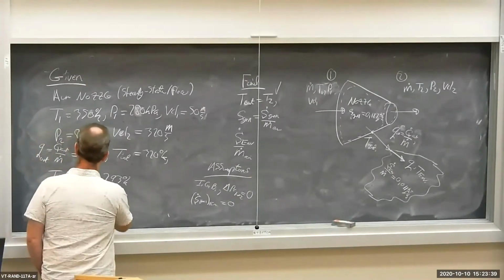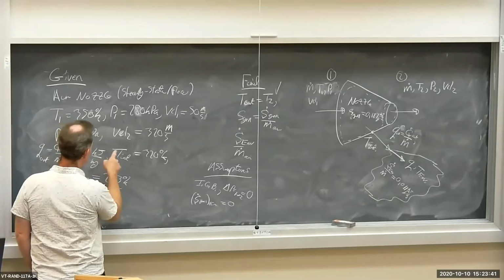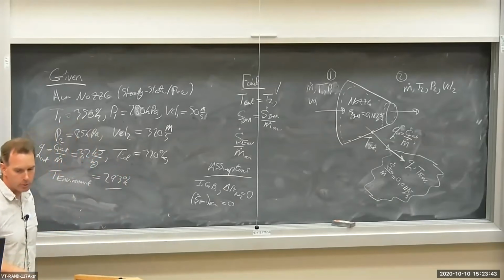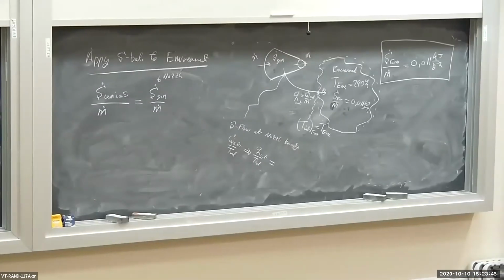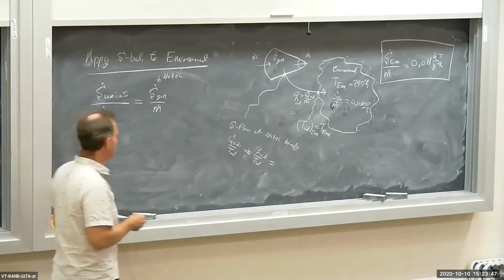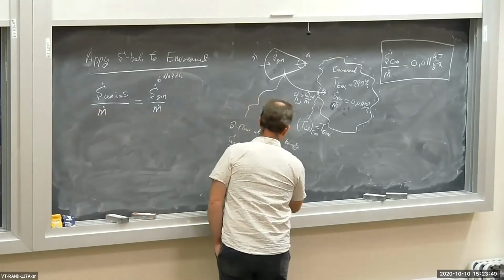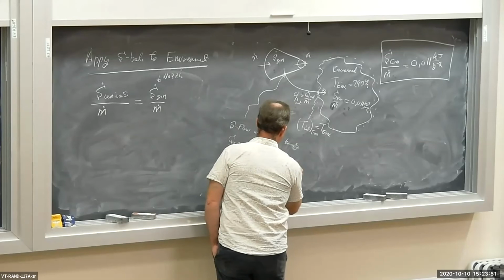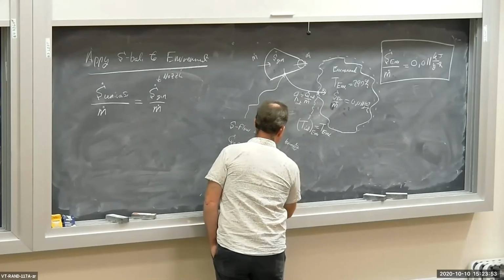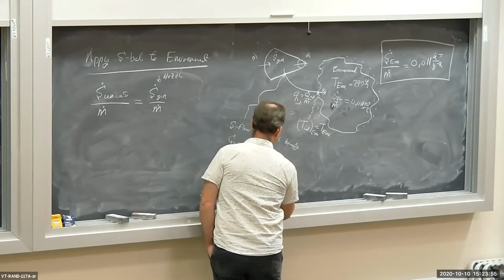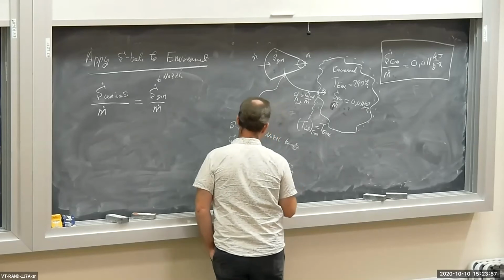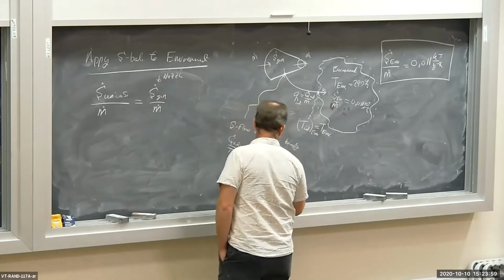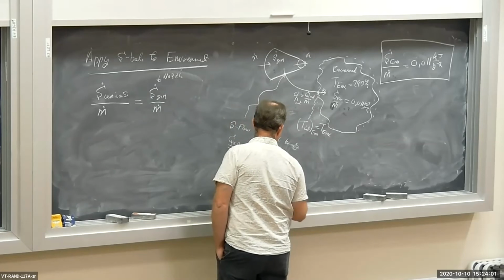Let's see, 3.2 kilojoule per kilogram, and the nozzle interaction temperature is 320 degrees. 320 degrees Kelvin.